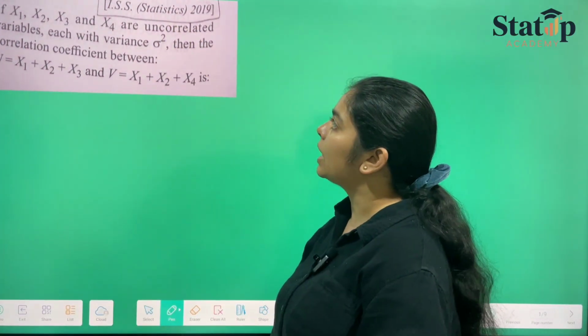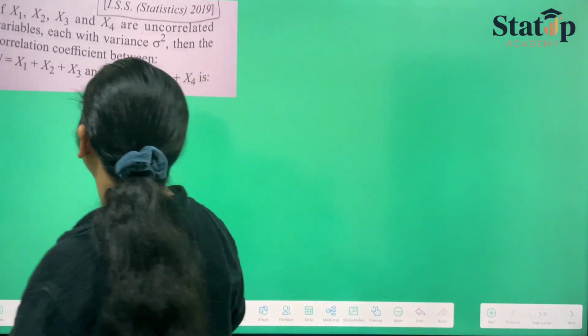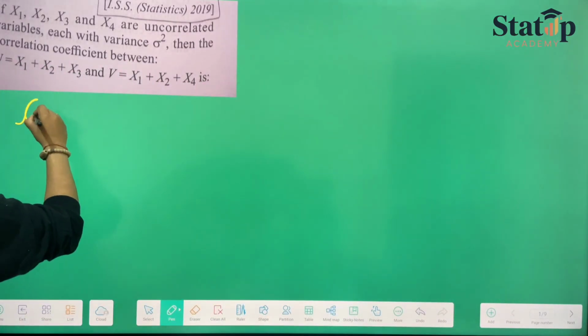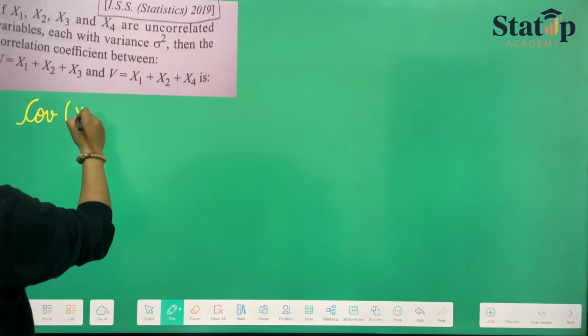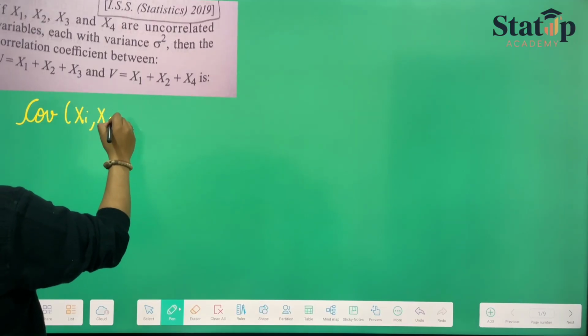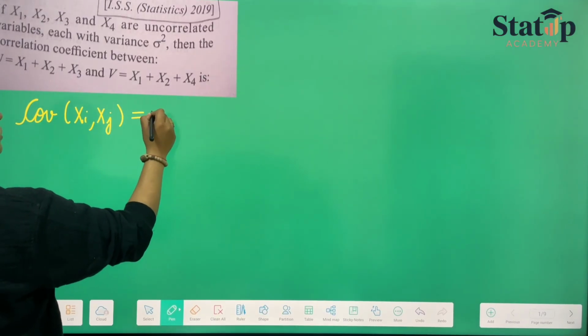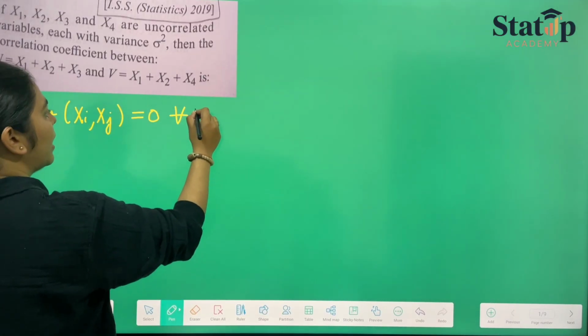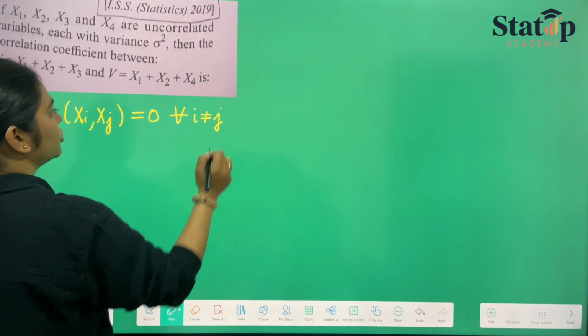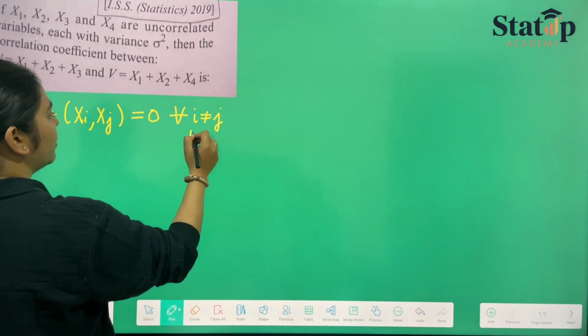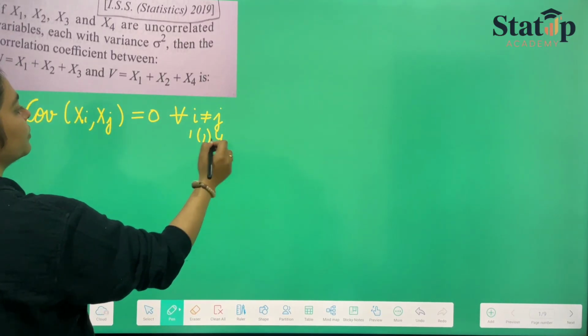In here, they have given us four uncorrelated variables, which means covariance between xi and xj is equal to 0 for all i not equal to j, and they all go from 1 to 4.